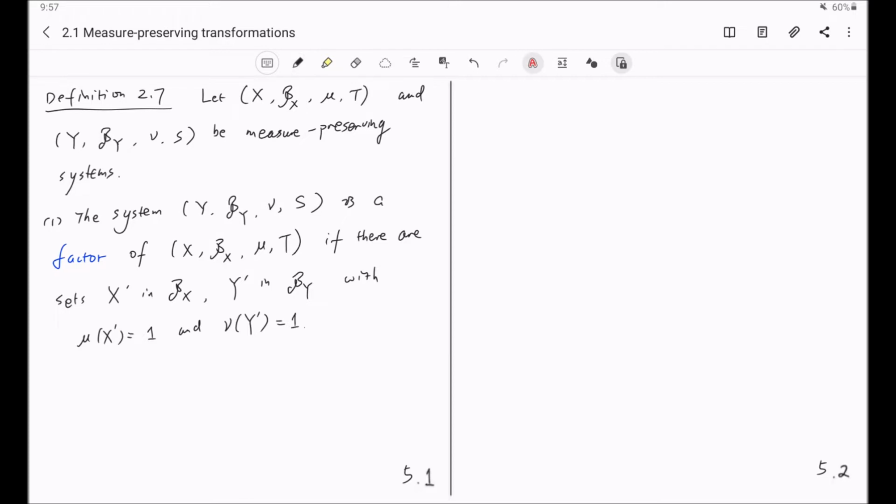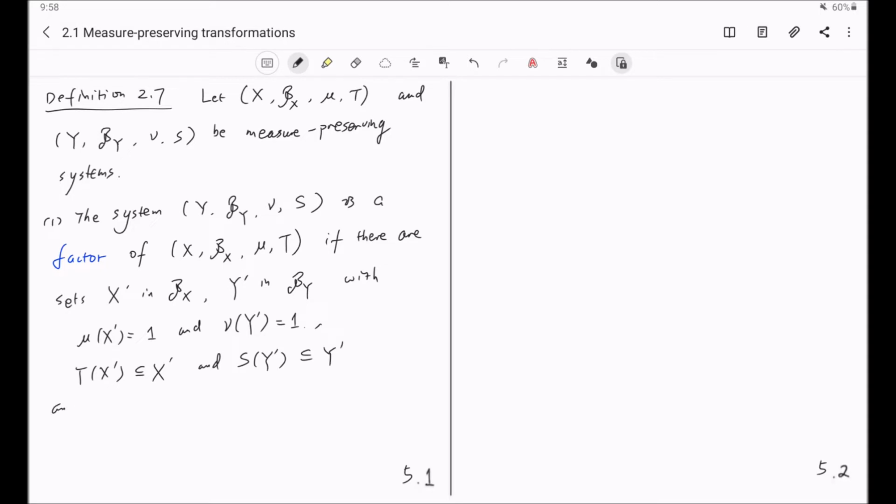And we further assume that X' is invariant under T and Y' is invariant under S. And by that we mean T X' is contained in X' and S Y' is contained in Y'.